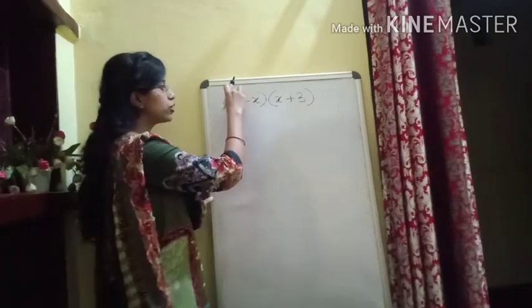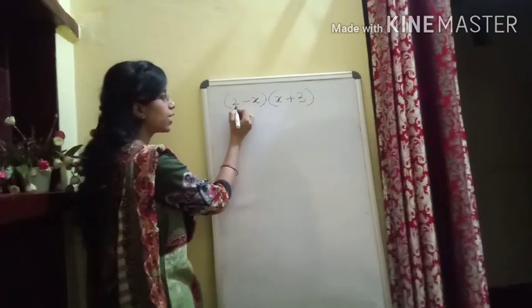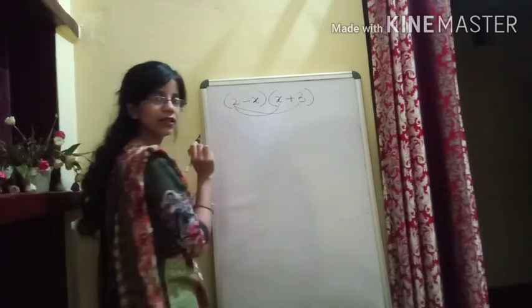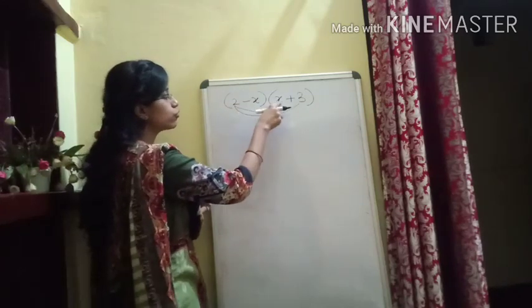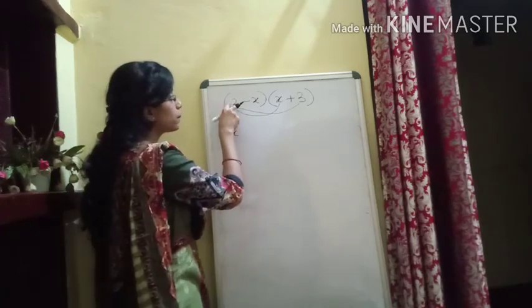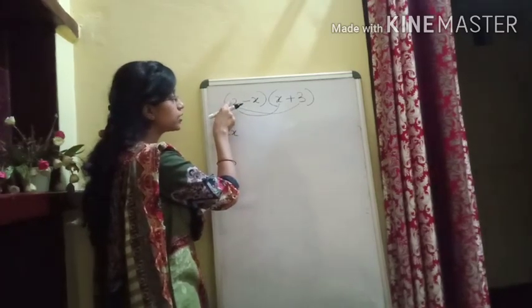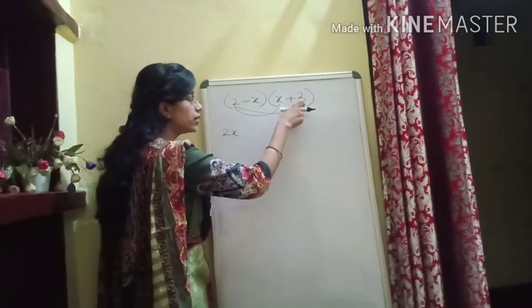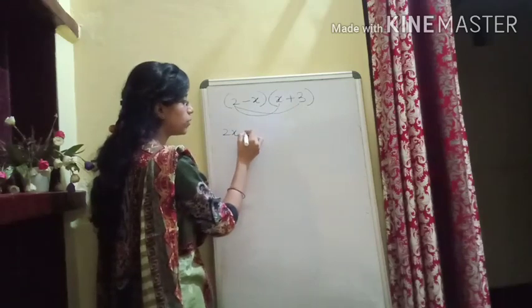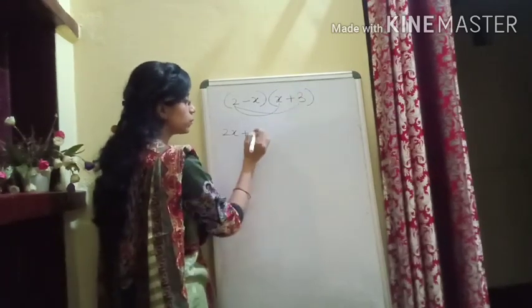We will take the first term of the first bracket and multiply this term with the other two terms. Is it clear? So 2 into x will be 2x, sign also. Now plus, because 2 is with plus sign, now 2 is going to multiply with 3. 3 is also with plus. So plus plus it will be plus. 2 into 3 will be 6.